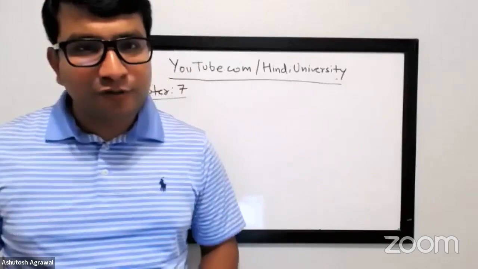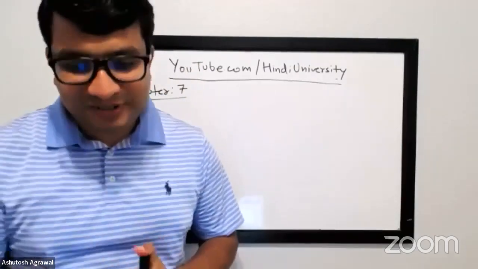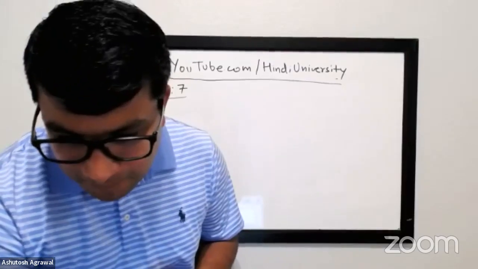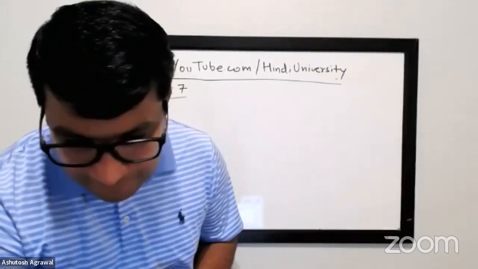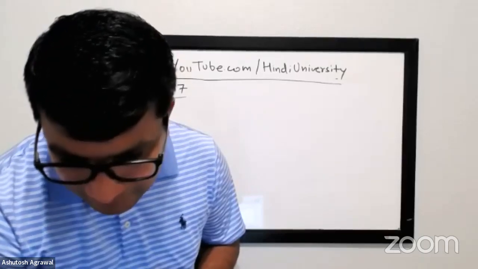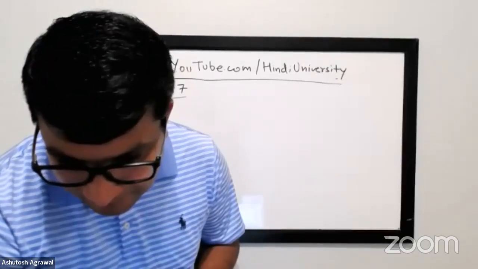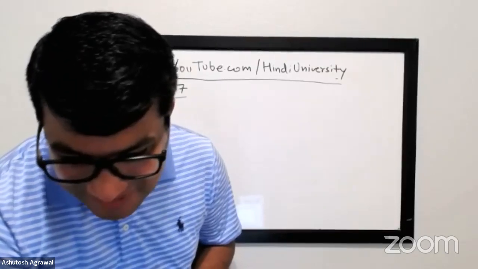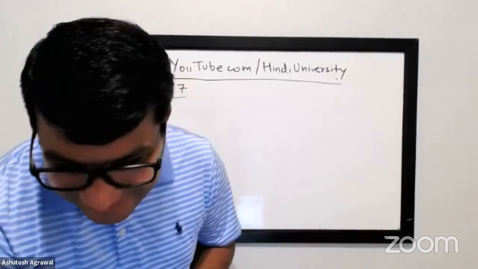How many of you consider yourself on the beginner's side, that you think you are a beginner? You can raise your hand. Nandini ji, you are not a beginner, you're definitely intermediate plus, but it's okay.